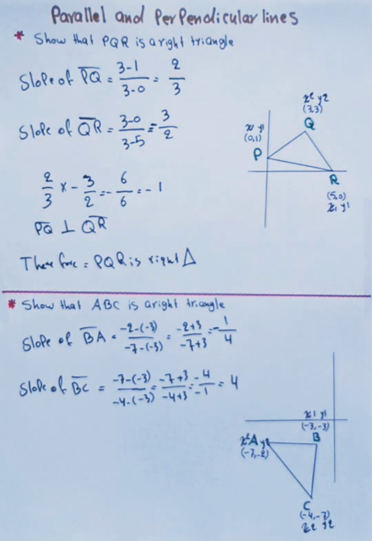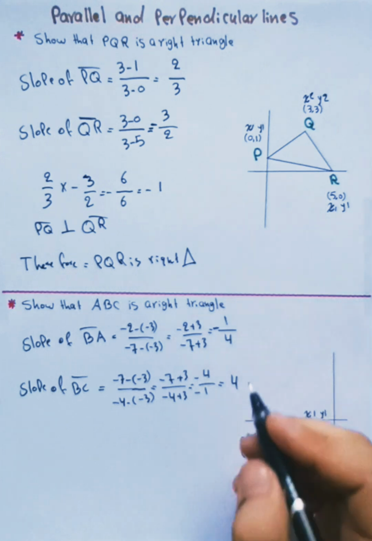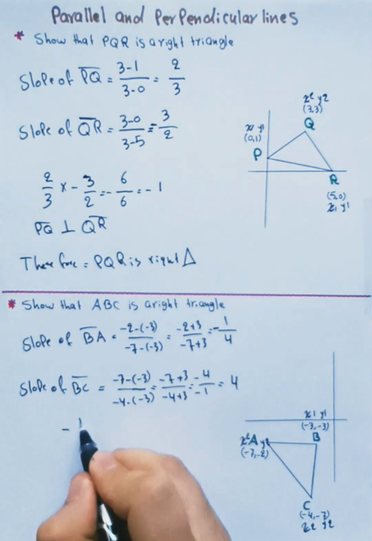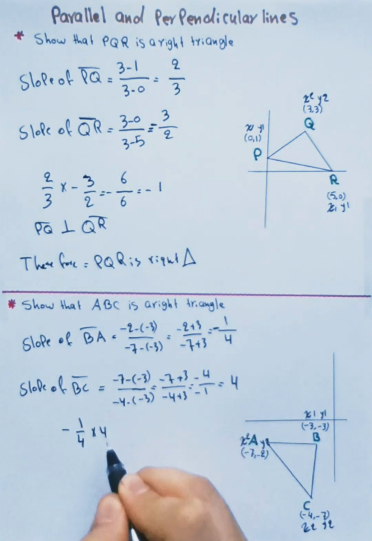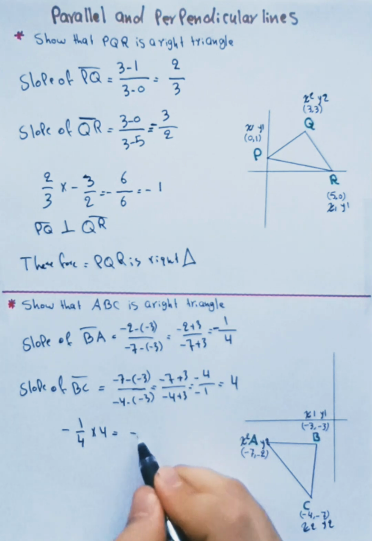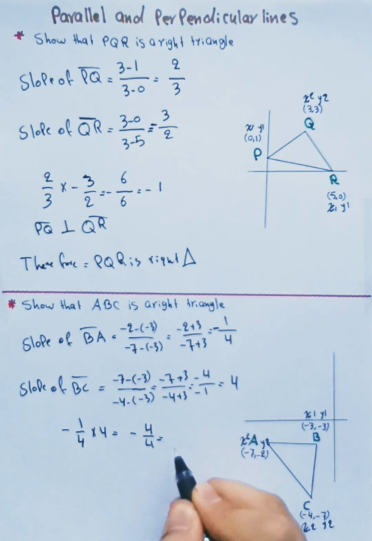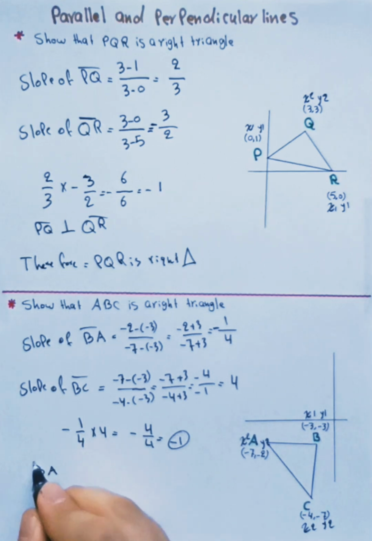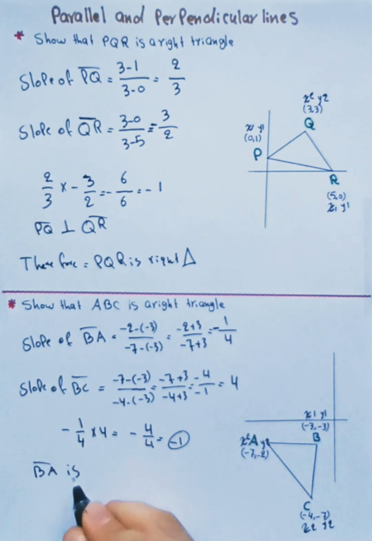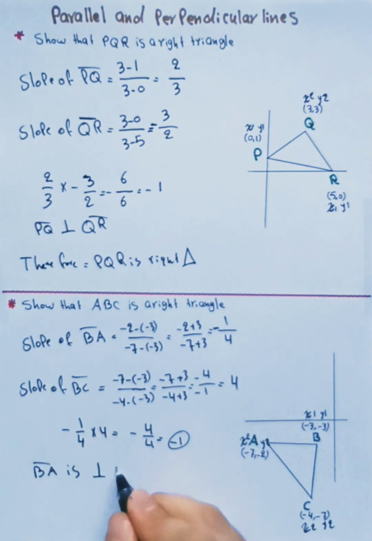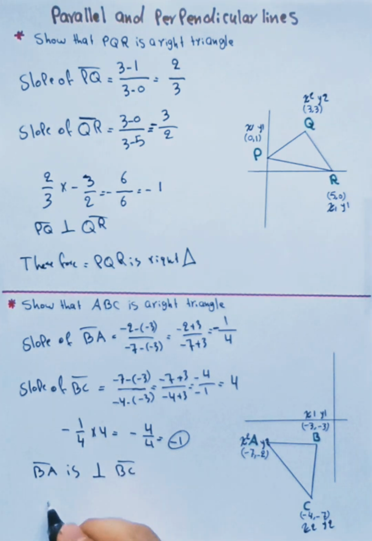So the slope for BC equal to 4, and when we multiply these two slopes, negative 1 out of 4 multiplied by 4 equal to negative 4 out of 4, and then equal to negative 1. So we can say BA is perpendicular to BC, so we can say ABC is a right triangle.